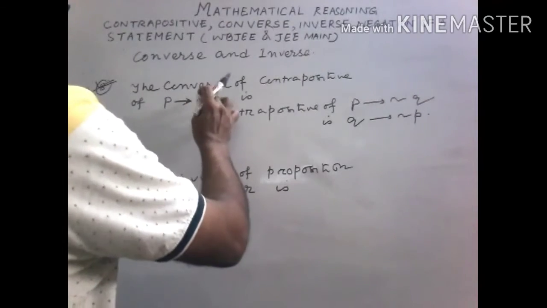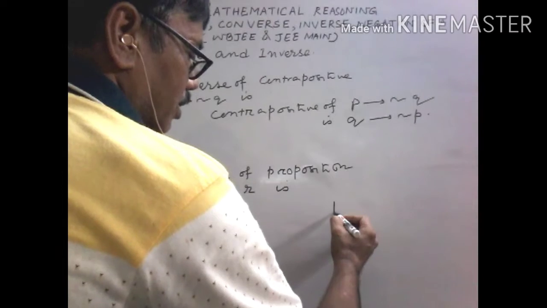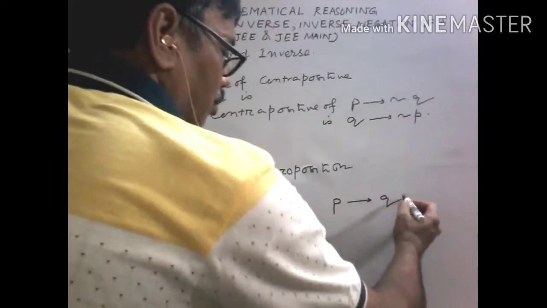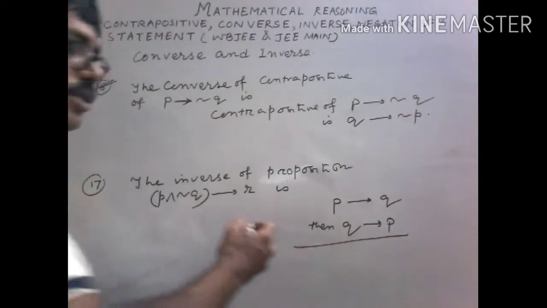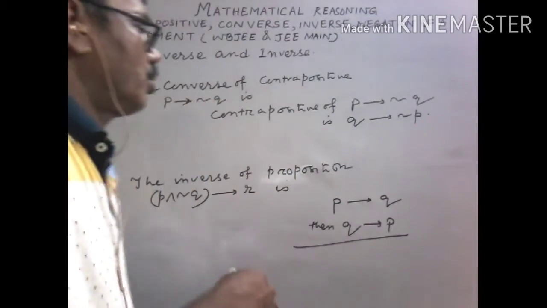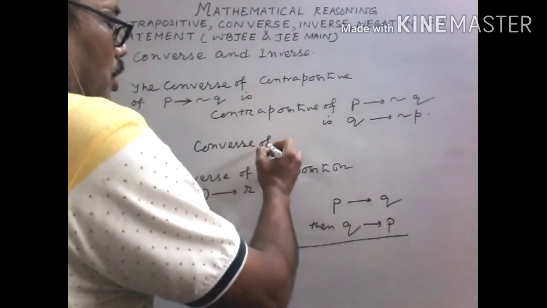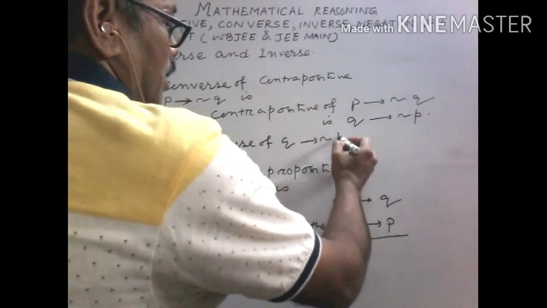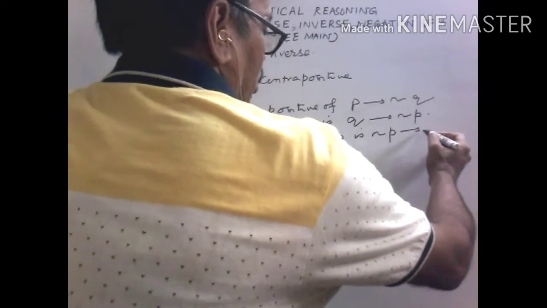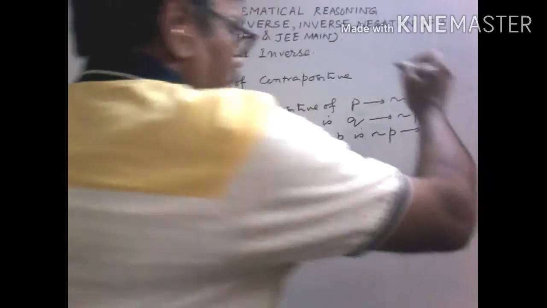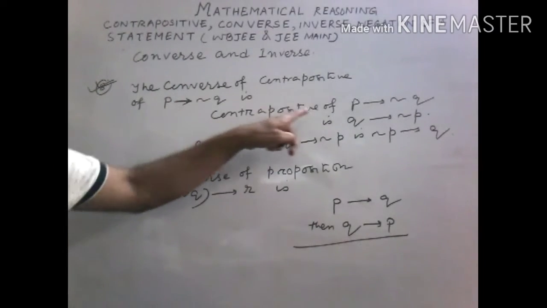Now then you have to take converse. Converse means, look, converse, if P arrow Q, then Q arrow P, only side changes. So what is converse? So converse of Q arrow negation P is, so negation P arrow Q. So first find contrapositive of this.